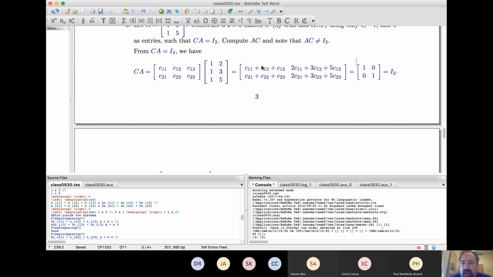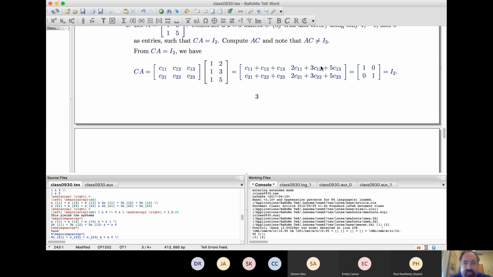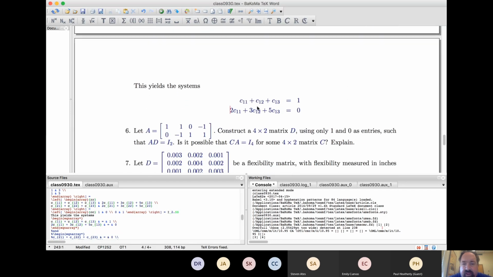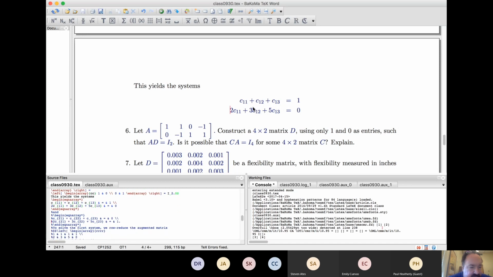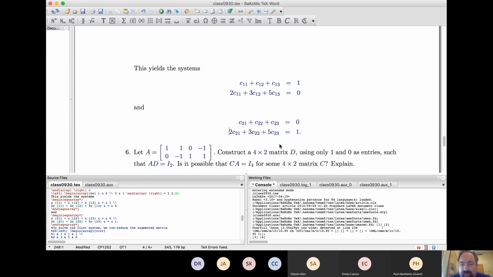So here I have a system of two equations for the same entries that come from the first row of C. If I write that out, it's this system here. So this is what I got just from the first row. Then I get a similar system of equations for the second row. What changes? The right-hand side values change, because this is the first row of the identity, and this is the second row of the identity.